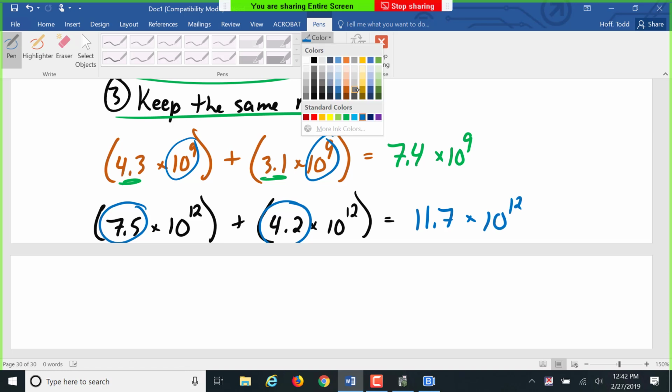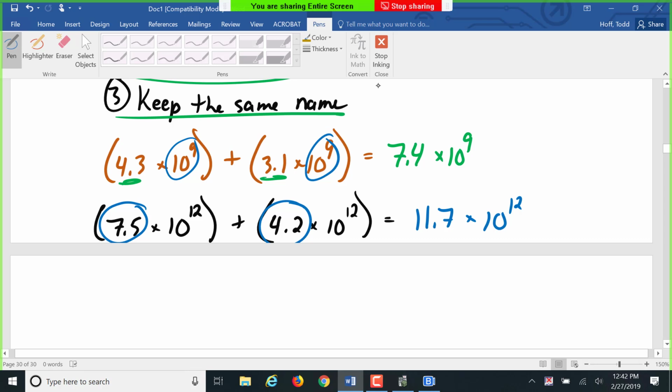When we look at that, there's an issue there. That's not proper scientific notation. There are 2 digits in front of the decimal point. So we're going to have to adjust it, so that there's only 1 digit in front of the decimal point. So that decimal point moved 1 spot. Well, every spot the decimal point moves is a power of 10. It's a change of 1 in that power.